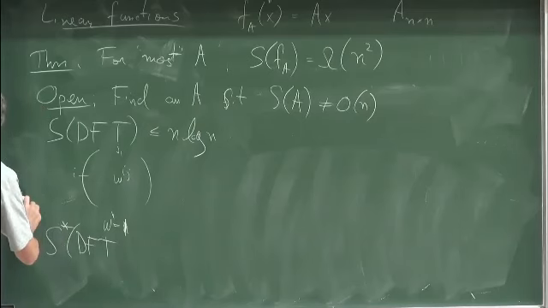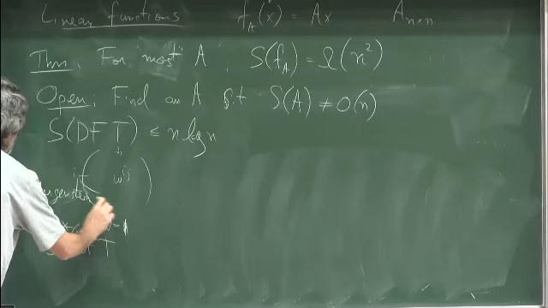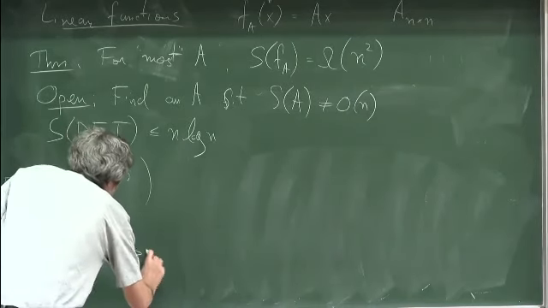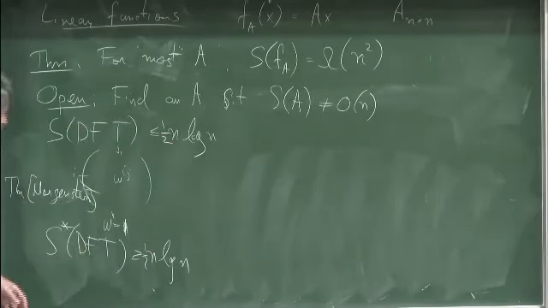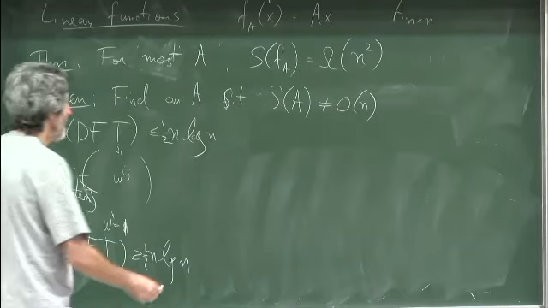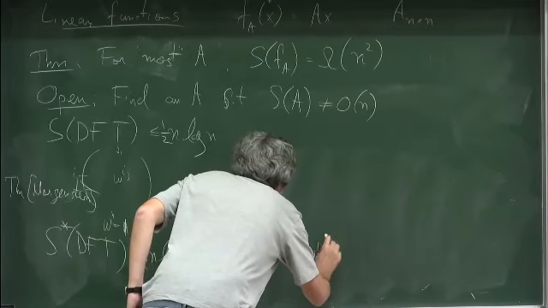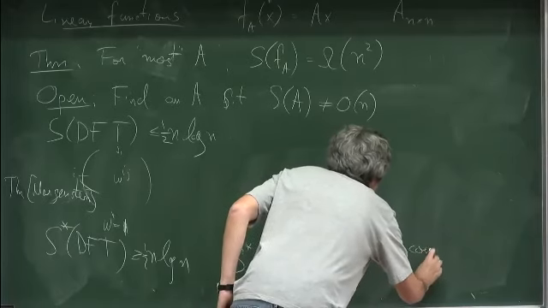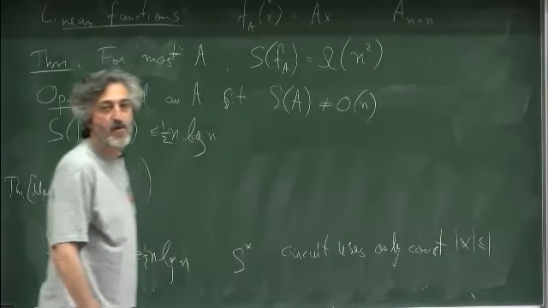This is a theorem by Morgenstern: the complexity of DFT, in fact 1/2 n log n, is a lower bound for circuits S* that use only small constants, constants alpha of absolute value at most one.